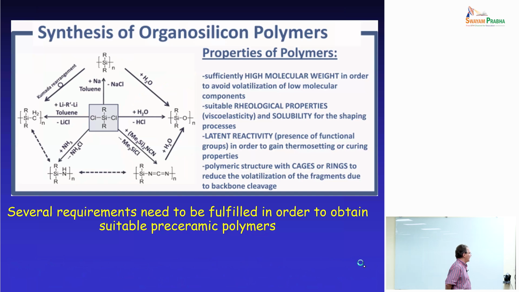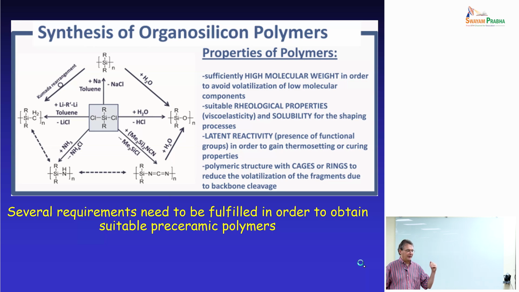So you need to fulfill several requirements in order to obtain suitable preceramic polymers. You need to have a sufficiently high molecular weight, because, as I mentioned, you get your polymeric body, and then you transform that into a ceramic through thermal treatment, a pyrolysis process.